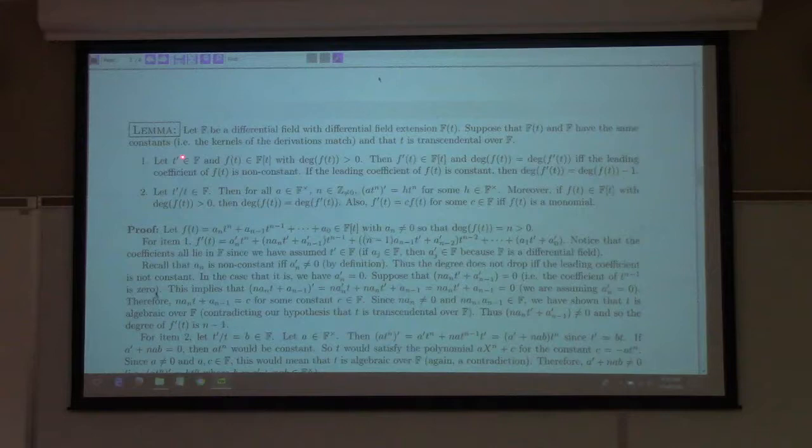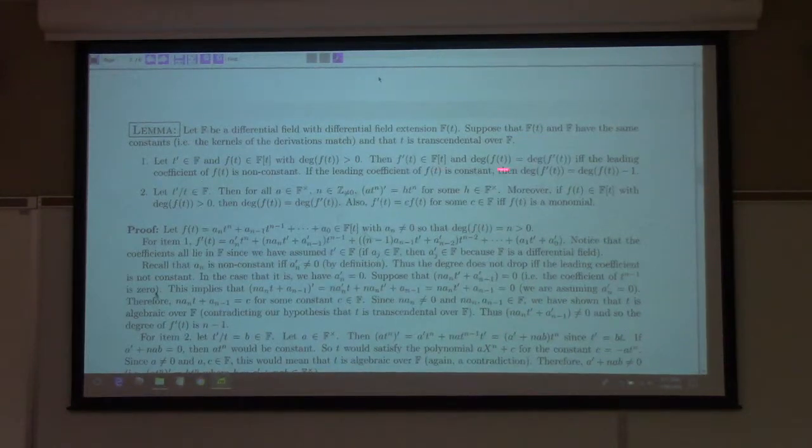T prime is an element of f, and f of t is positive degree. Then the derivative is in f of t, and the degree is equal to, whoa, well, that's weird. Am I right? Look at that. The degree of f of t is equal to the degree of the derivative. Yeah, that makes sense.